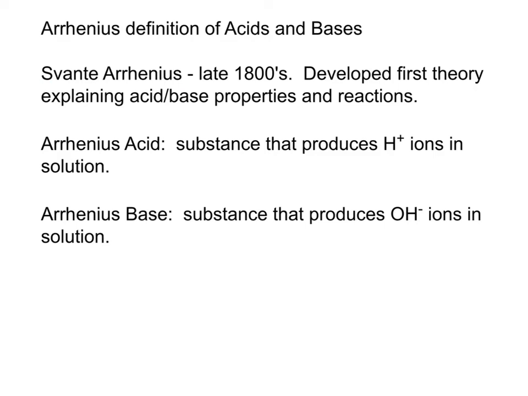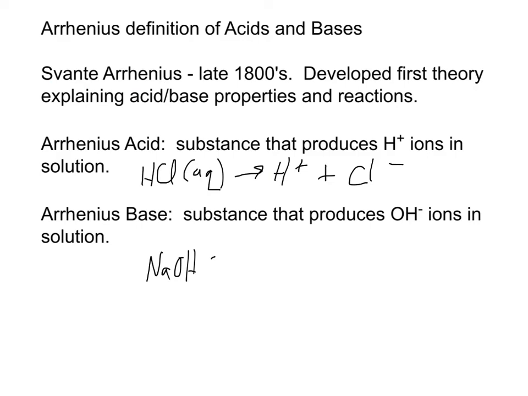So HCl, when it was aqueously dissolved, would produce H plus ions in solution. That would be his definition of an acid. And for a base, if he took sodium hydroxide and put that in an aqueous solution, he would expect to see OH minus ions, and that was his definition of a base. So that's how simple the Arrhenius is.